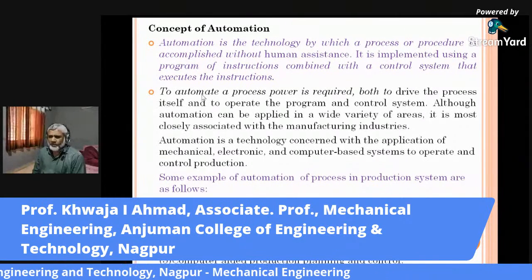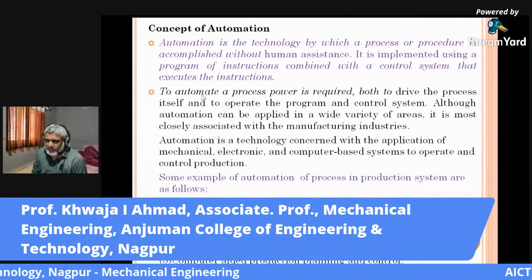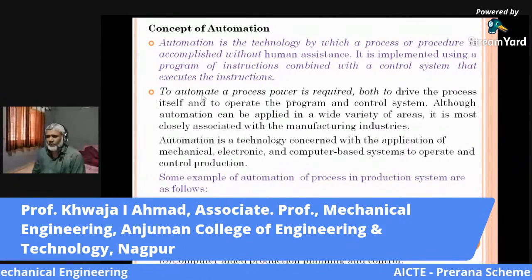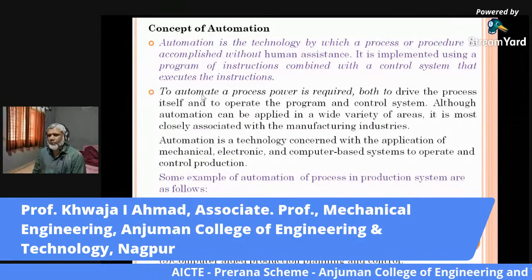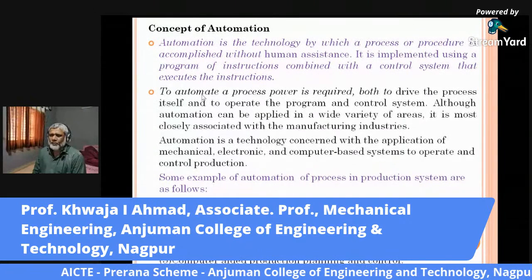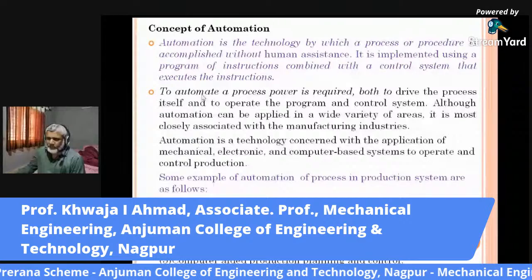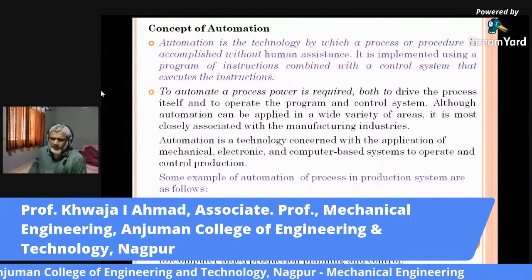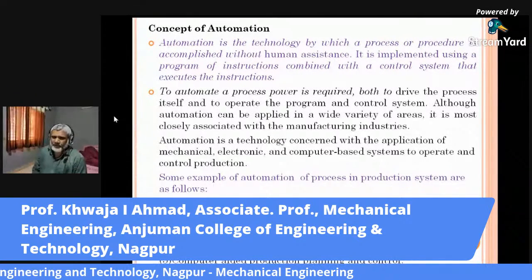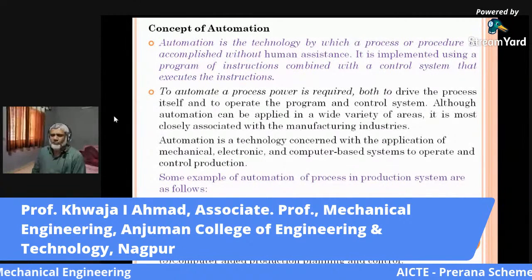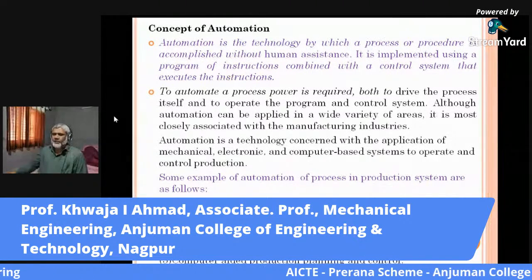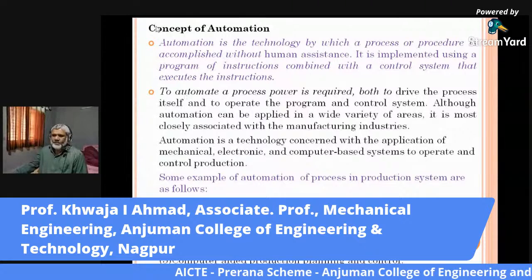Another point to remember is that automation is a technology concerned with the application of mechanical, electronic, and computer based systems to operate and control production. This is the simplest definition, which has been given by Michael Groover.